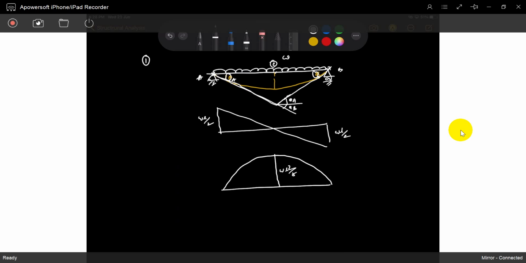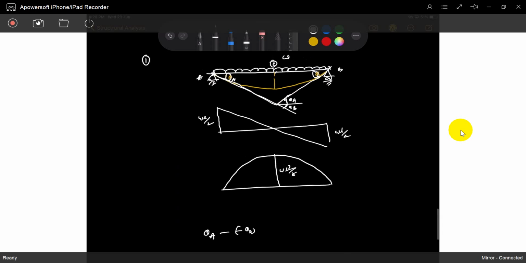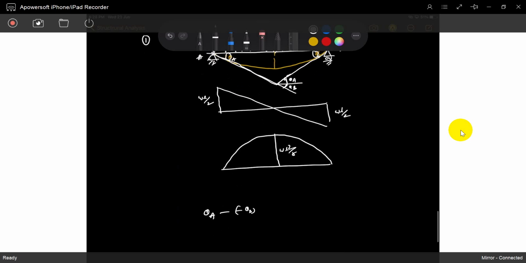We just discussed this in surveying: how much deviation happened? So change in slope means theta A minus theta B. It starts at theta A in one direction and ends at theta B. So total change in direction is theta A minus theta B. I already know theta A is equal to theta B because of similarity.